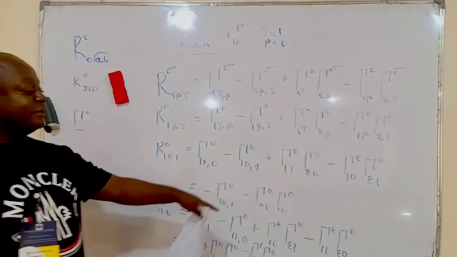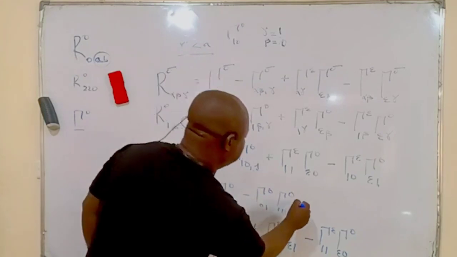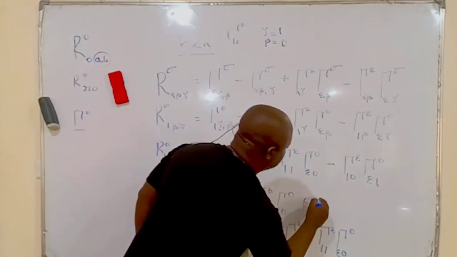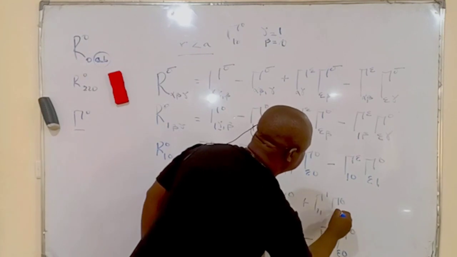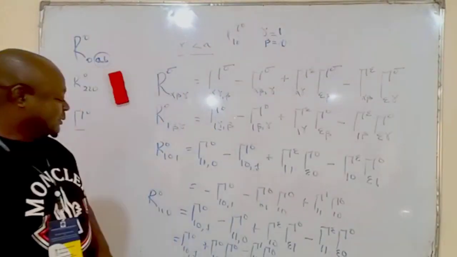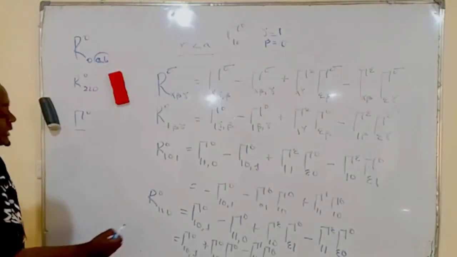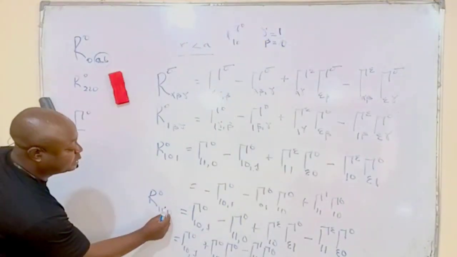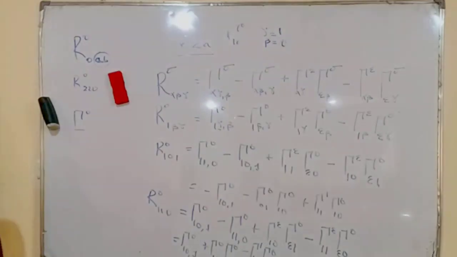Okay, that's where we made a mistake. So when you now take 1, 1, you have a plus term here. You have a plus term here. 1, 1, 0, 1, 0. So you see this is the negative of this. Because if you change the indices of any two, the last two indices, there's a minus.